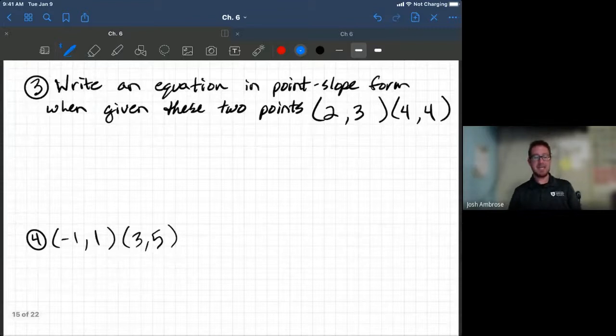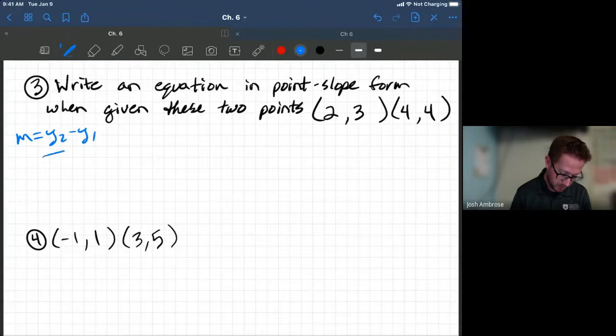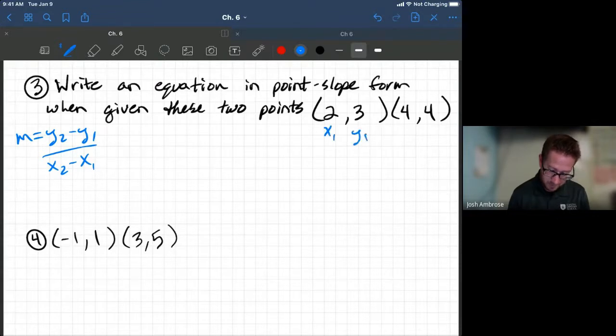Write an equation in point slope form, but you're given 2 points. So we're going to have to use the slope equation. M equals y2 minus y1 over x2 minus x1. Here's x1, here's y1, x2, y2.